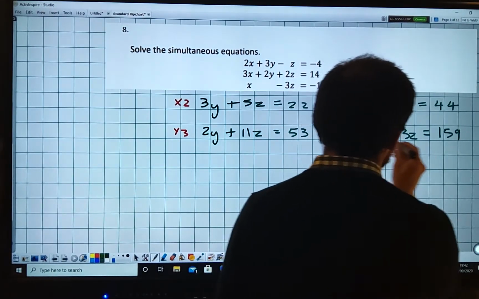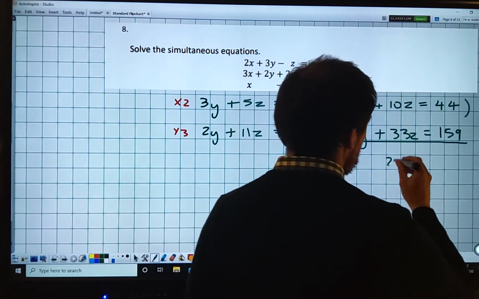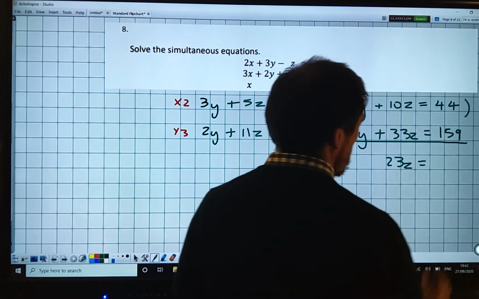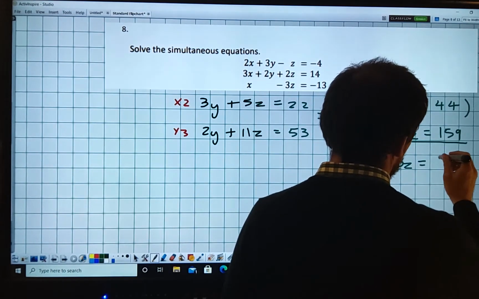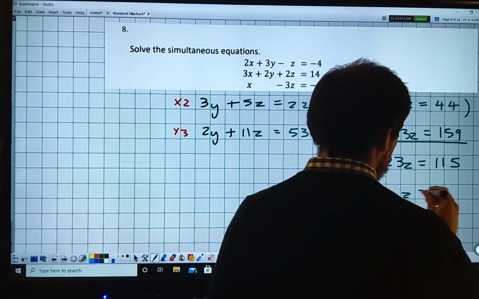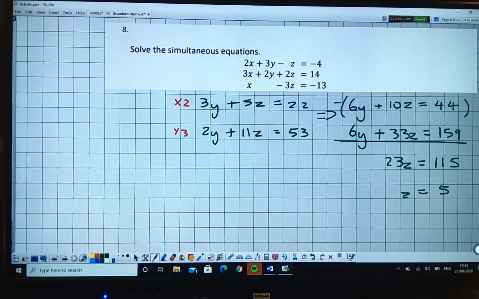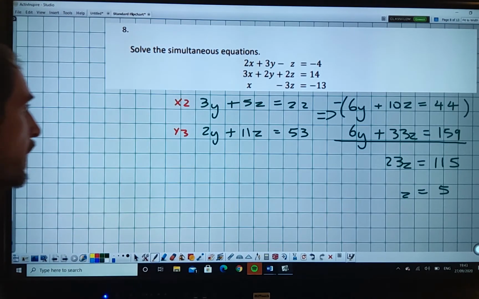Now I'm going to subtract the top one. So I'm left with 23z is equal to 115. So z is equal to 5. Phew. Right, worked out. I thought I was going to be here for another 10 minutes. So z is 5. Okay, perfect.